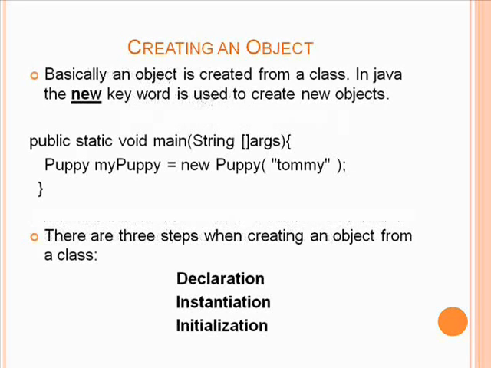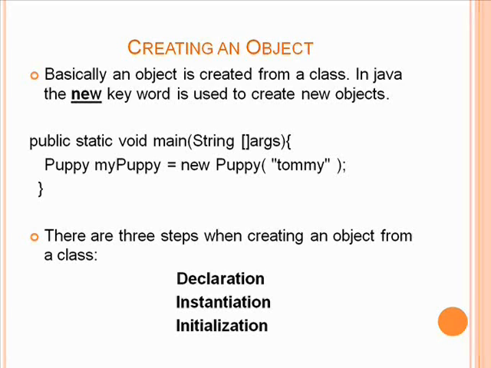As mentioned previously, a class provides the blueprint for objects. So basically, an object is created from a class. In Java, the new keyword is used to create new objects. In this example, it creates a new puppy object called myPuppy. There are three steps when creating an object from a class. First is declaration.